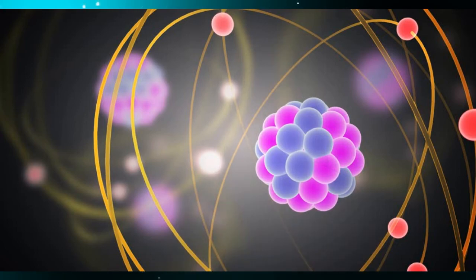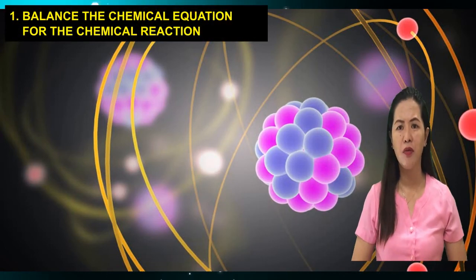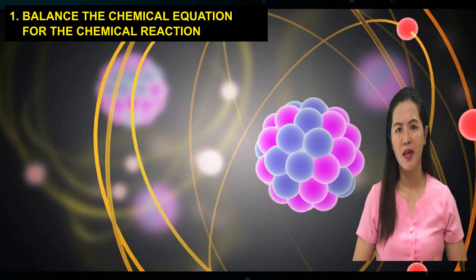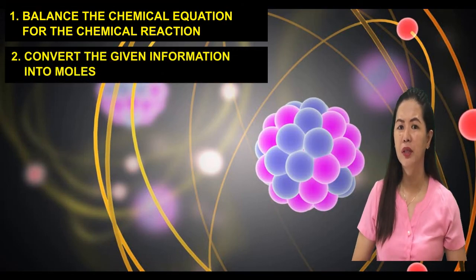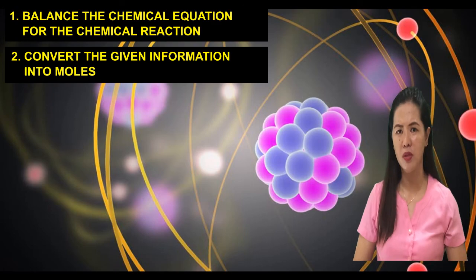To find the limiting reactant, we need to calculate and compare the amount of product that each reactant will produce. And we have to follow these steps. First, balance the chemical equation for the chemical reaction. Second, convert the given information into moles.